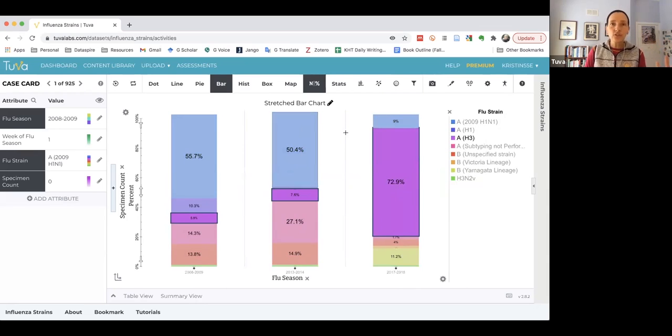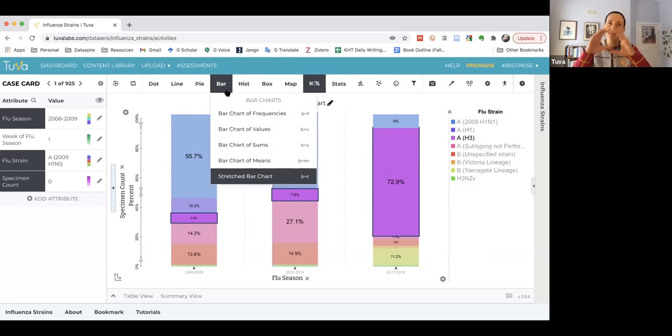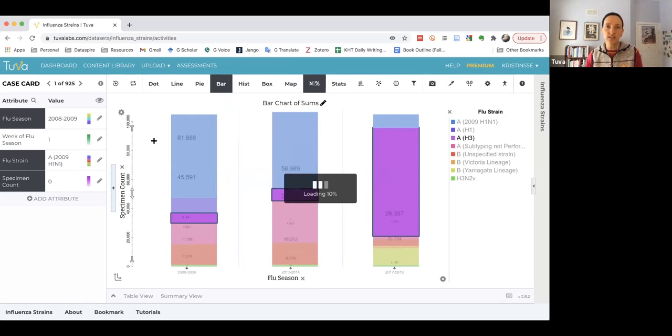So this is interesting, and we can dive in and explore even more to think about the similarities and the differences across these. Here we looked proportionally at all of the specimens collected, but how many were collected each season?